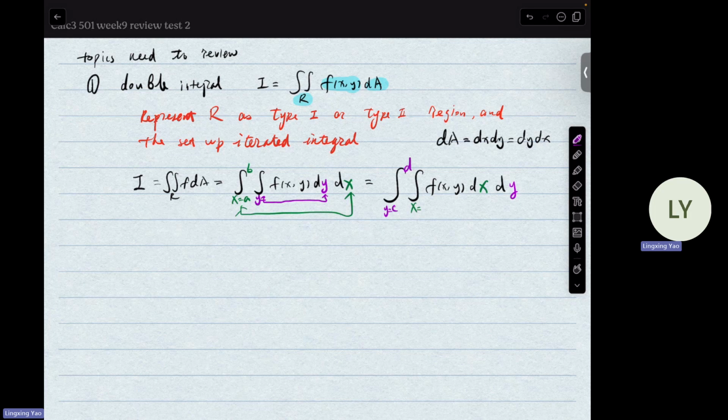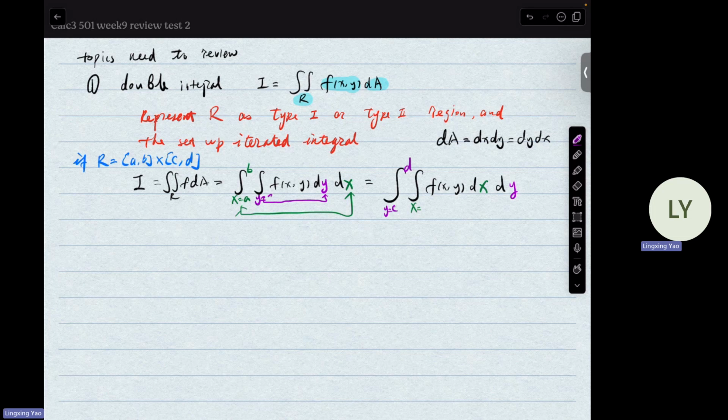So how about we discuss either case first. If R is indeed a rectangular region, then the two iterated integrals will be relatively easy to write, because the lower bound for x and y will be constant, and the same for the upper bound.